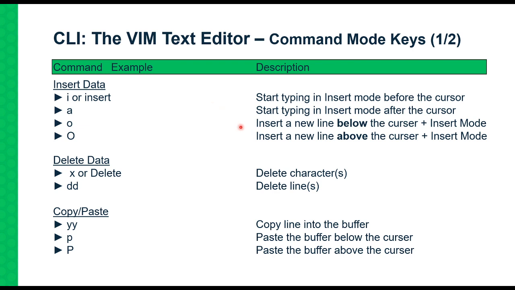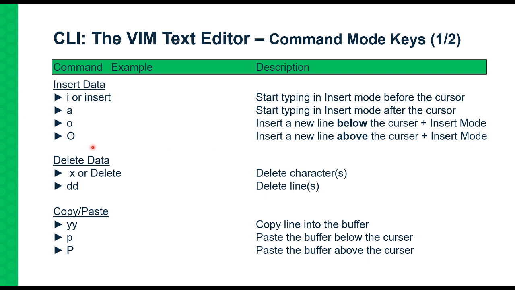When we use the O command, we can add a new line below the cursor plus enter the insert mode. Or if we use a capital O, that means we can add a new line above the cursor and still enter the insert mode. We can also delete data in command mode.